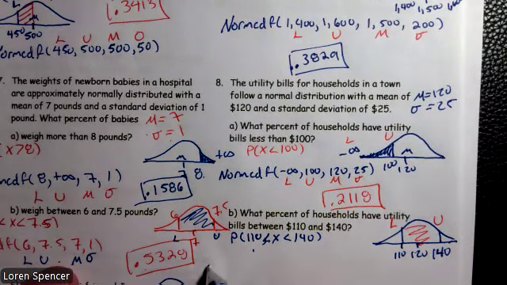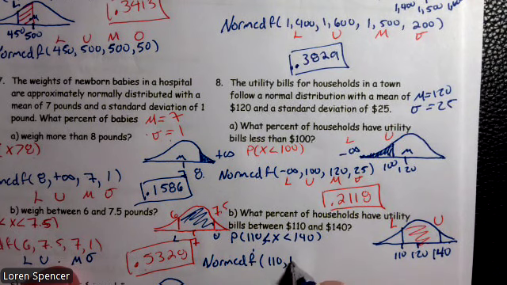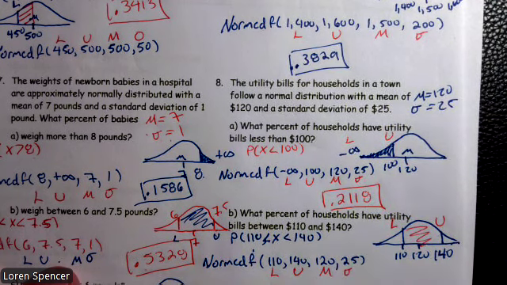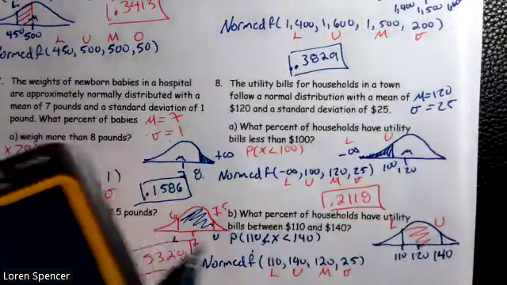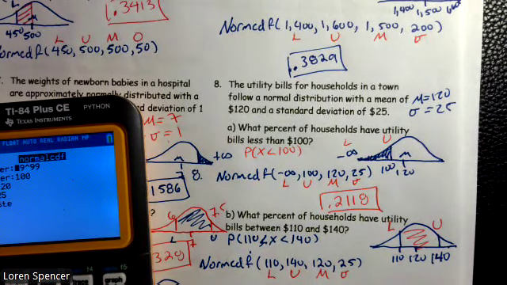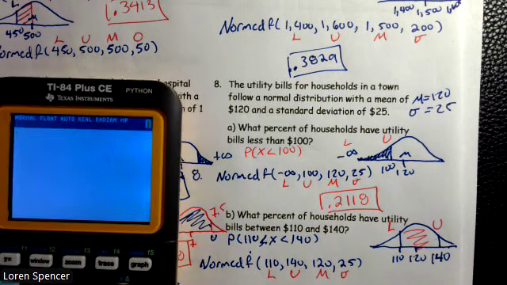So we're going to have a normCDF. Lower bound 110, upper bound 140, mean of 120, standard deviation of 25. So that's my LUMO. Standard deviation, that looks like an O. And when we go run this, second VARS, normal CDF, lower bound 110, upper bound 140, mean, oops, gotta start over.